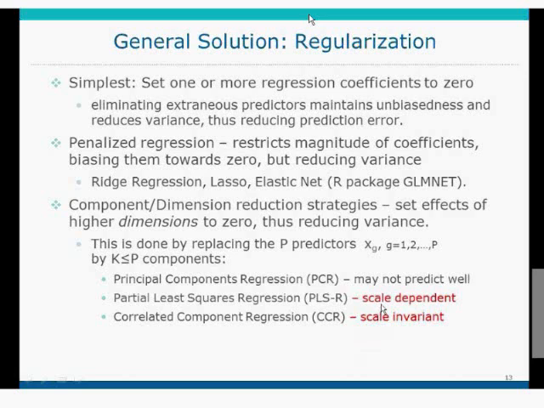One difference is that PLS regression is scale dependent, which means that if you standardize the predictors so that they're z-scores, you will get different models than if you use unstandardized predictors. Correlated component regression is scale invariant. It doesn't matter whether you standardize or not. We'll talk a little bit more about that difference shortly.